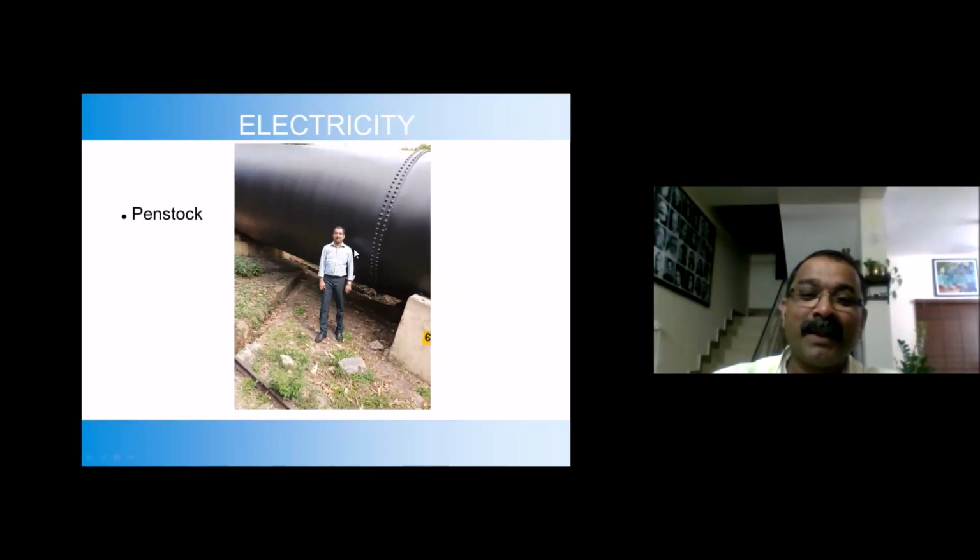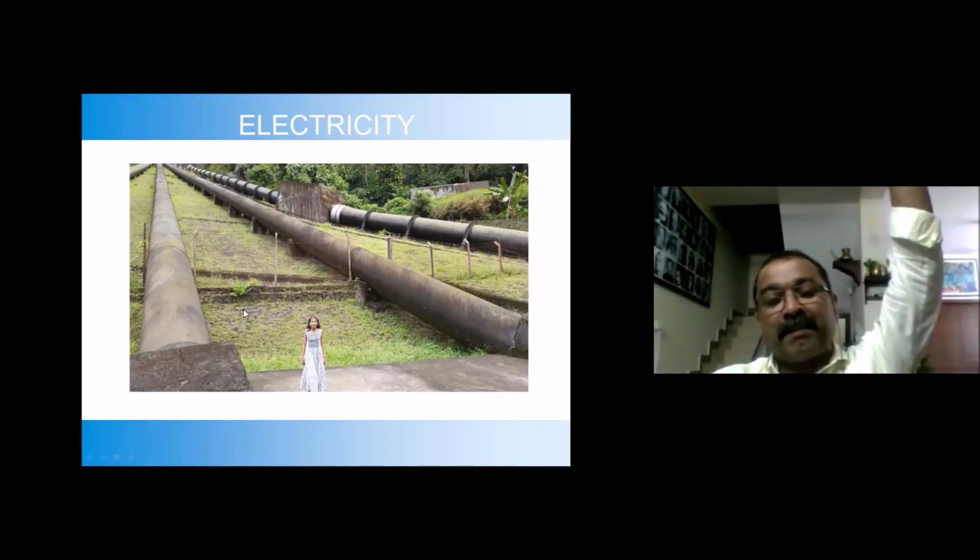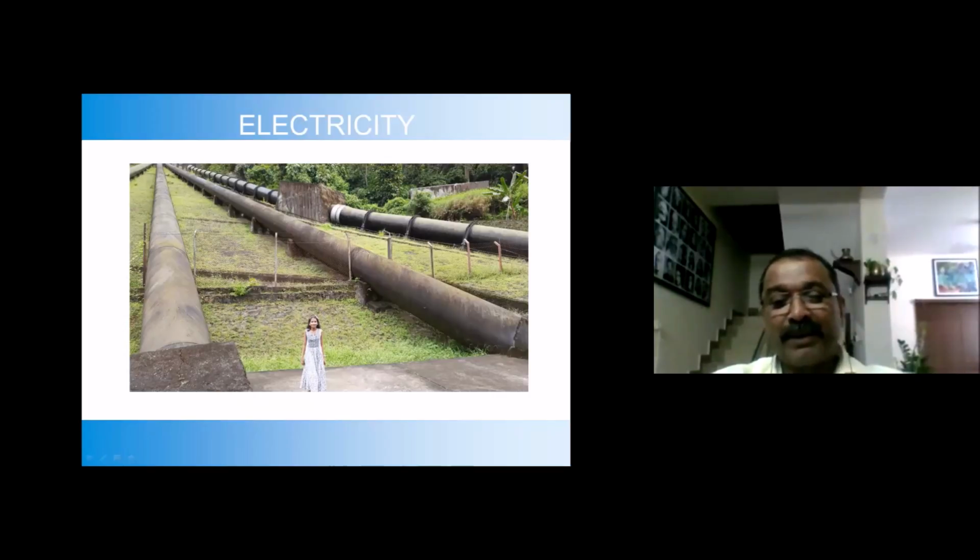We can very well walk through these pipes, no problem. Such pipes will be reaching each of the generators, from high up in the dam to the generating station at a lower level.